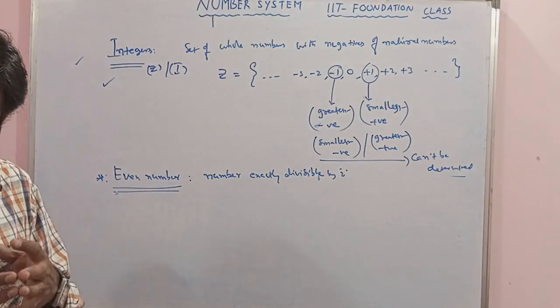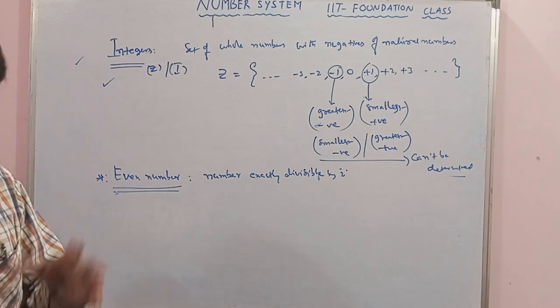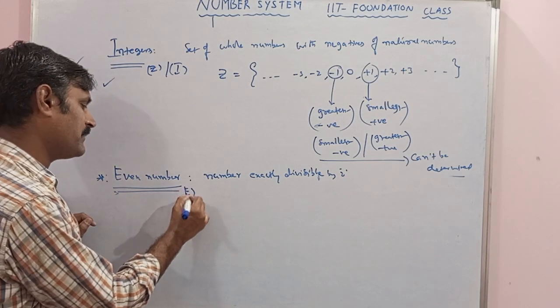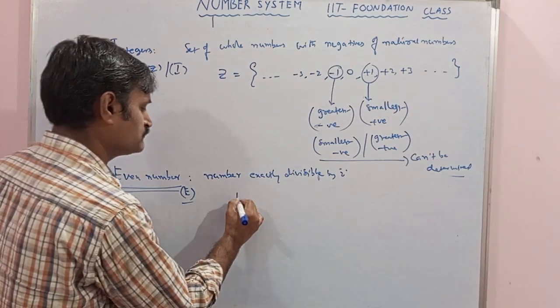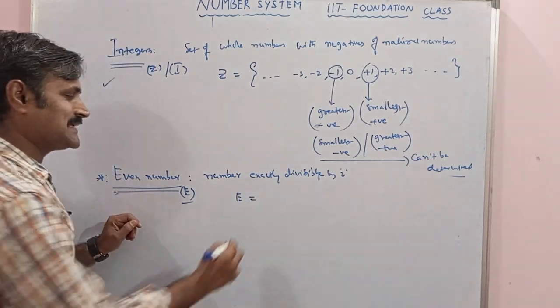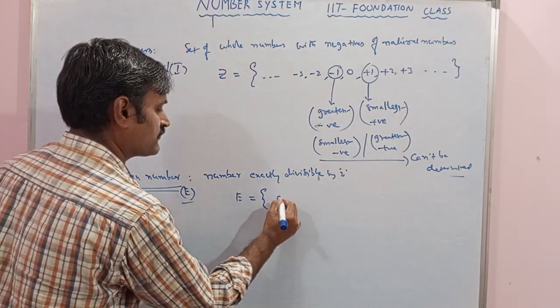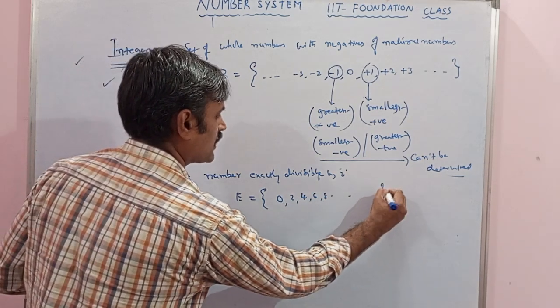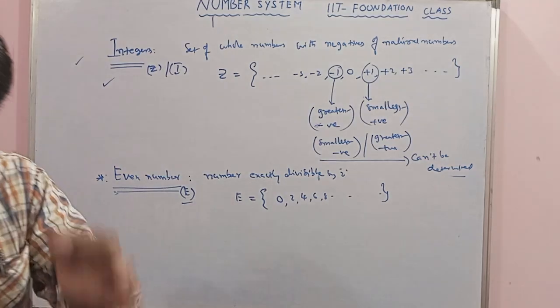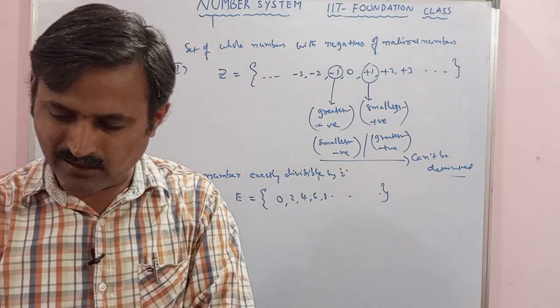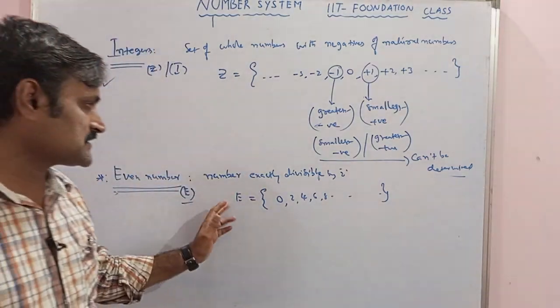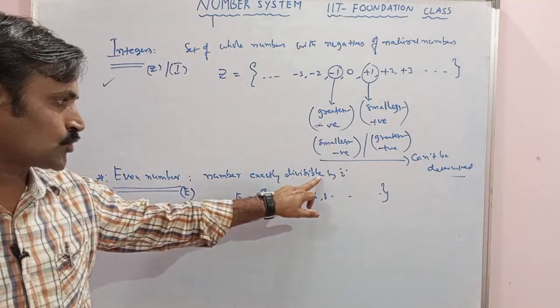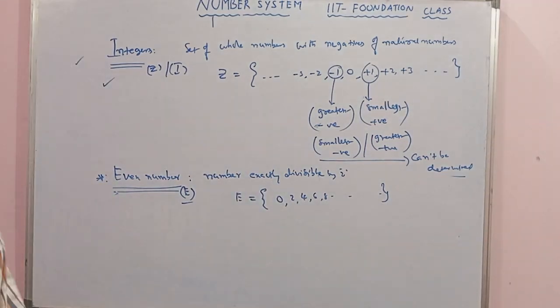For example, the set of even numbers will be denoted by the letter E, and you can write that set starting with 0, 2, 4, 6, 8, and so on. These are the numbers exactly divisible by 2.